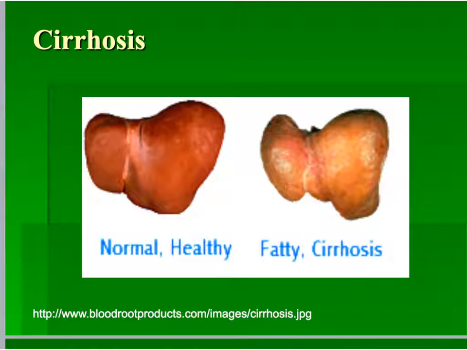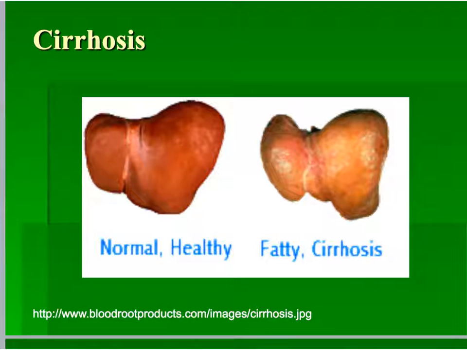So here's what you can see in a normal liver. The normal healthy liver has a pretty nice normal lobular architecture. But when somebody has cirrhosis, they have fibrous connective tissue and nodules, the liver shrinks, and there's distortion of the vascular bed in the liver.